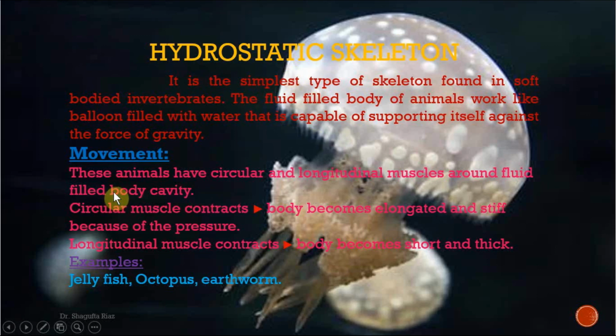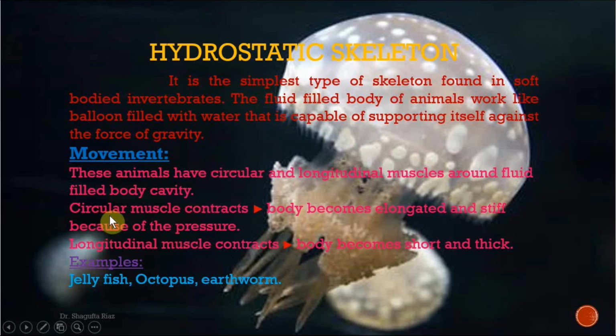Here's the mechanism of how they perform their movement. These animals have circular and longitudinal muscles around the fluid-filled body cavity. These circular and longitudinal muscles basically help them in movement. Otherwise, hydrostatic skeleton does not support movement in the animals, right?